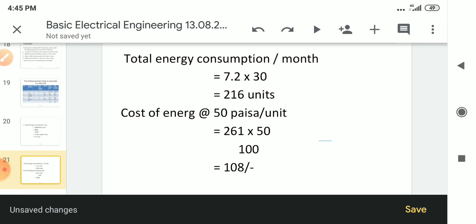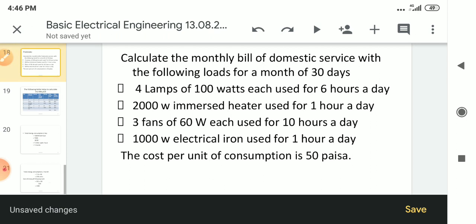After that, what is the next step? Multiply number of units with number of days. How many days? This is a monthly bill of 30 days. So 7.2 into 30 gives 216 units. What is the last step? Multiply total monthly units with cost. In this question, what cost is given? 50 paisa.